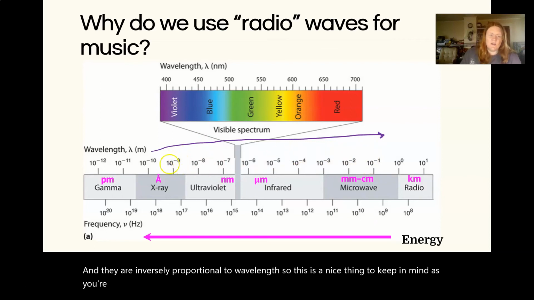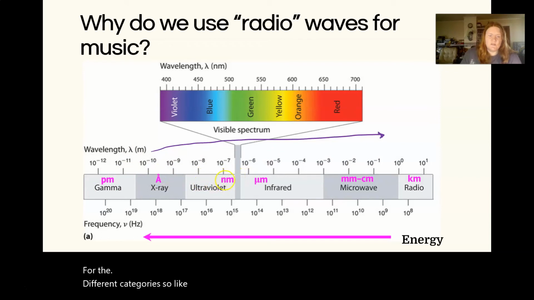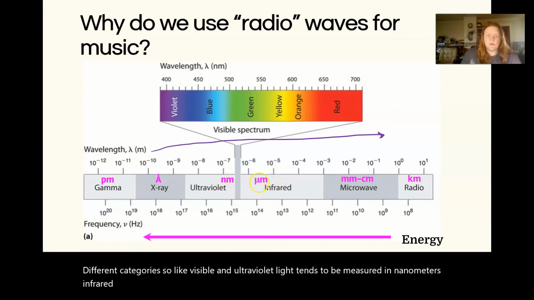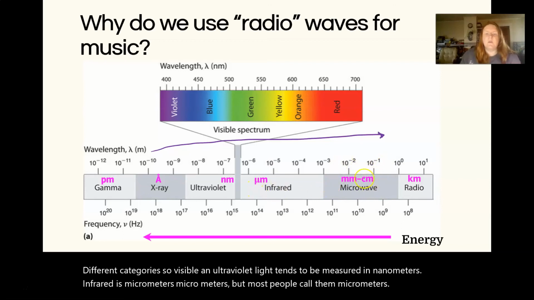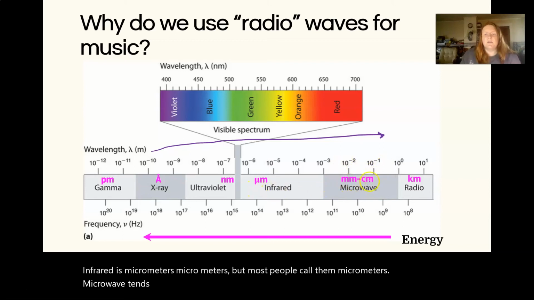I also added to the figure the pink units that are used for the different categories. So like visible and ultraviolet light tends to be measured in nanometers. Infrared is micrometers, but most people call them micrometers. Microwave tends to be on the millimeter to centimeter range.